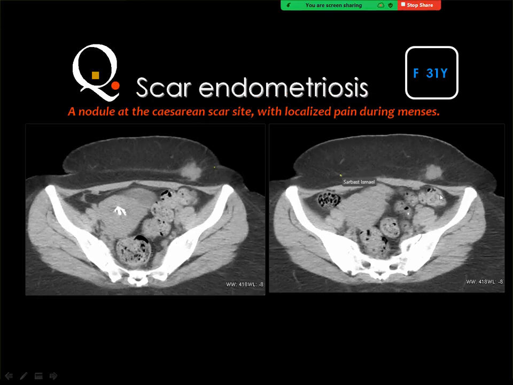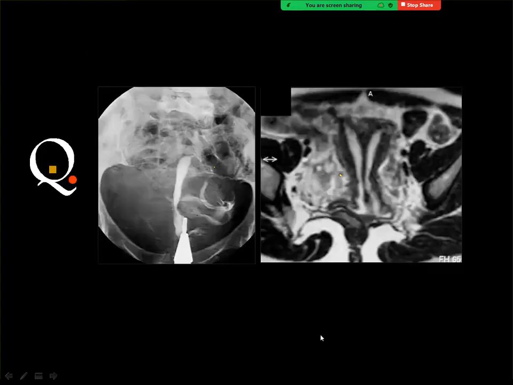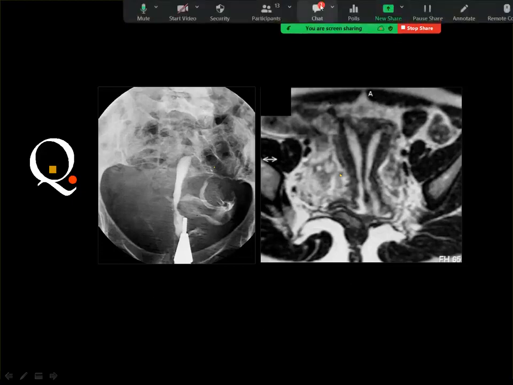The implantation of the endometrium at the site of the scar will form some mass in the subcutaneous tissue, and this mass became painful during menses.